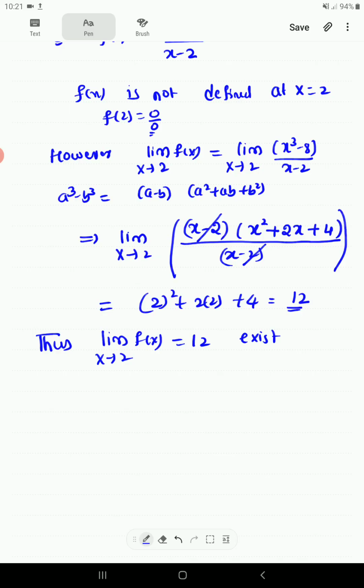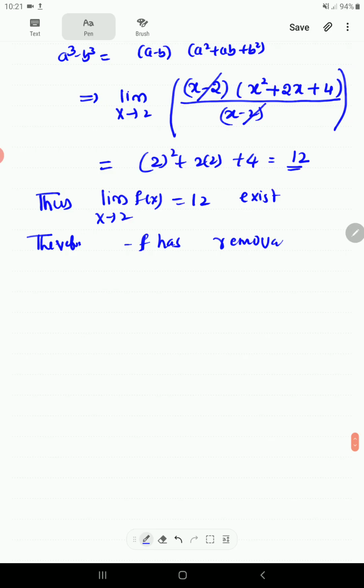So we concluded that f has a removable discontinuity at x equal to 2.